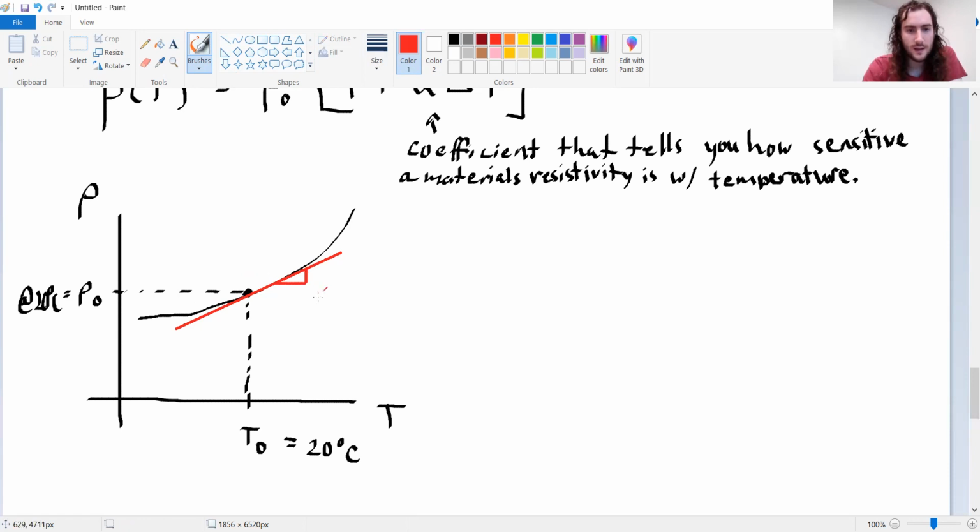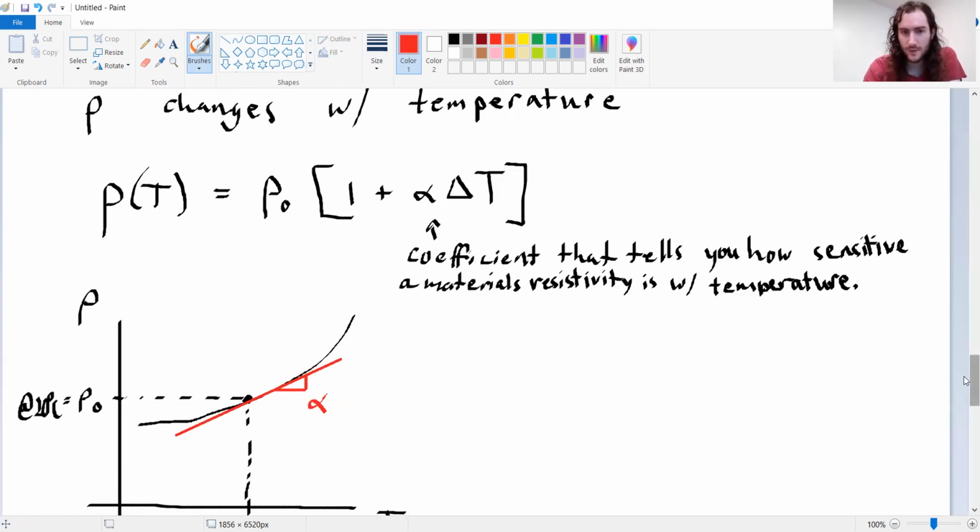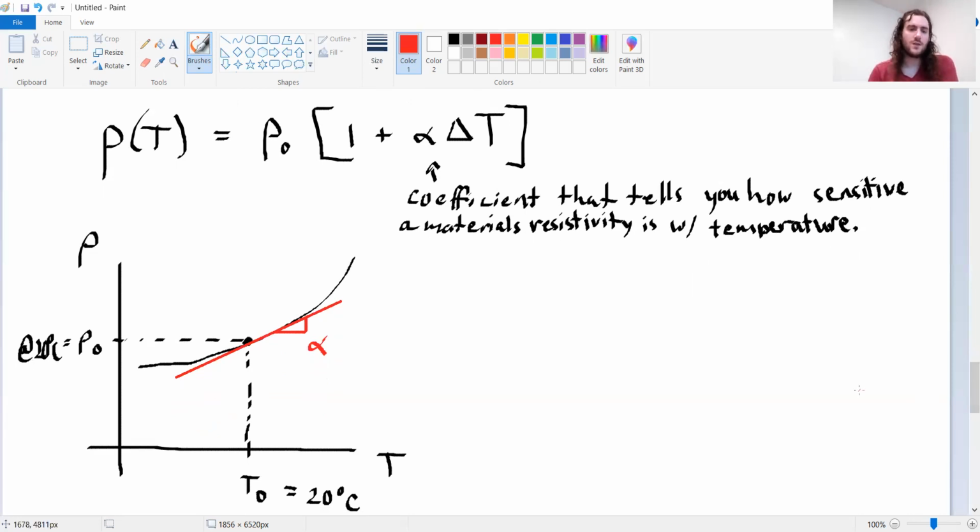The slope of this line is alpha. And so that's where that alpha comes from. So you're just getting a tangent line at some point, and you can measure that constant alpha for a somewhat small range of temperatures. It turns out for conductors, this linear model works pretty good.